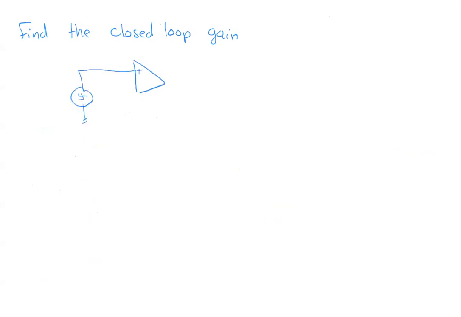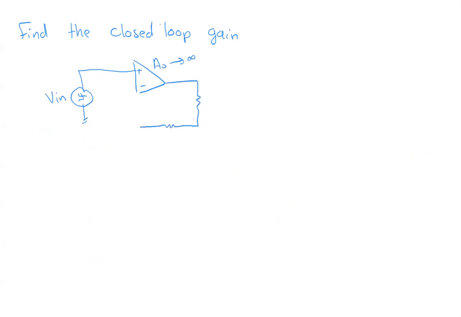Now let's take an example. We're going to find the closed loop gain of this amplifier. So the circuit looks like this. This is the positive terminal, so it's a non-inverting amplifier. A0 is almost infinity, and the negative terminal is connected like this.